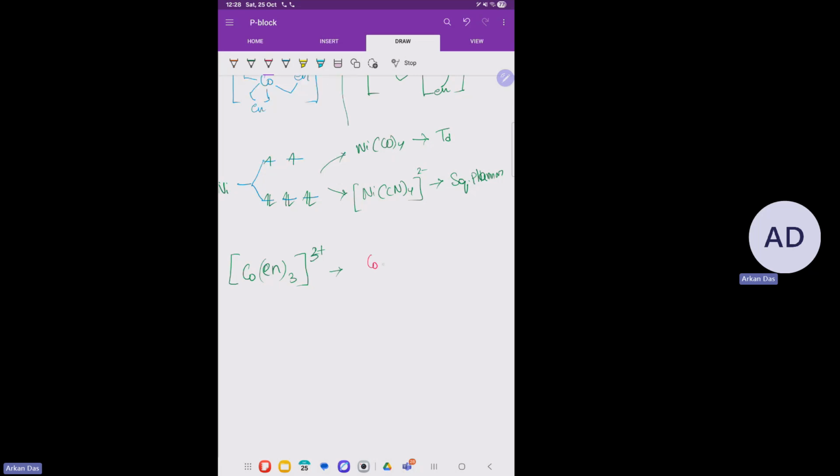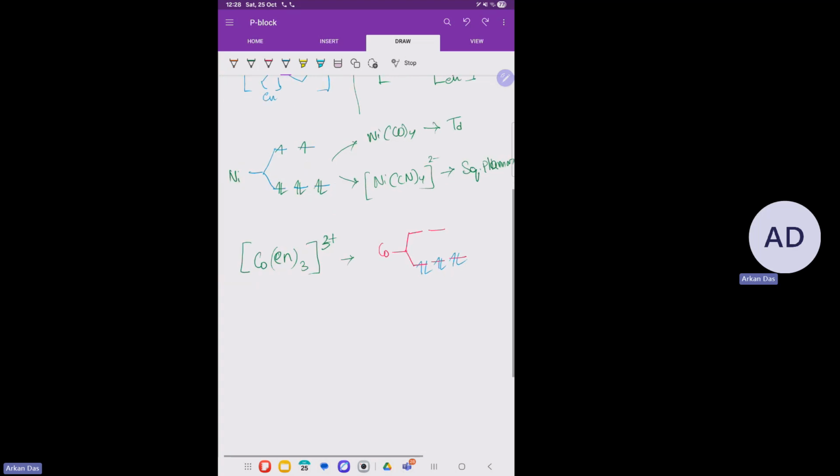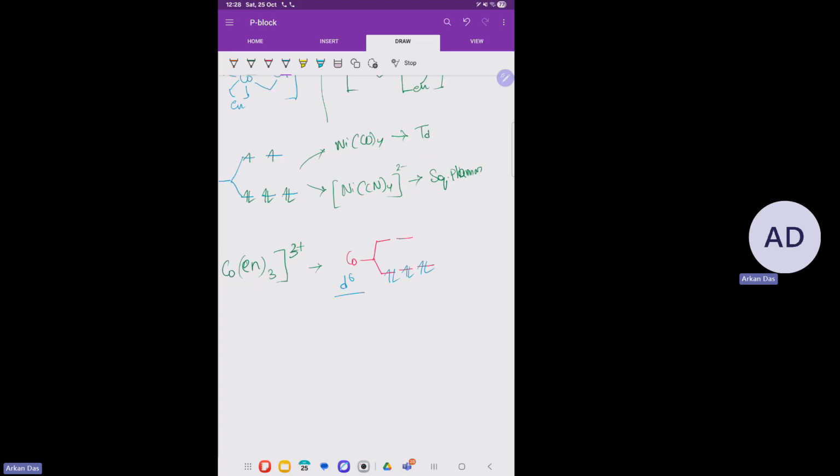In case of cobalt, the electron distribution is like this, 1, 2, 3, 4, 5, 6, 1, 2. Cobalt 3+ means it is d6, so the electron distribution will be like this.